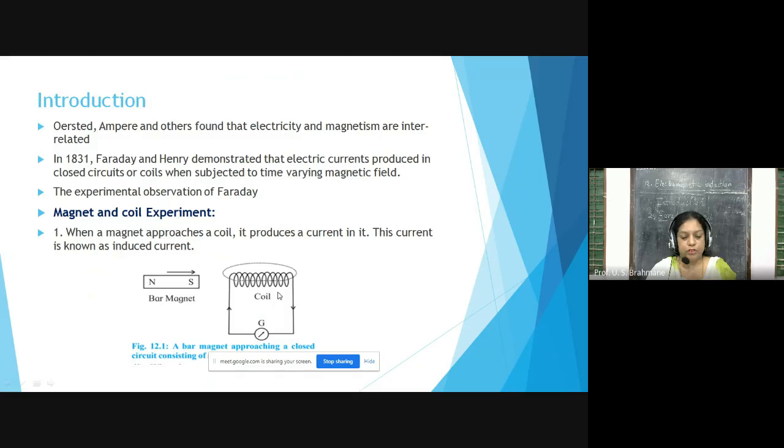If the magnet is taken back, now this was taken towards the coil and the current is shown like this, but if the magnet is taken a little back, again because of the changing magnetic field, the current is again induced, but it is in the opposite direction, remember.